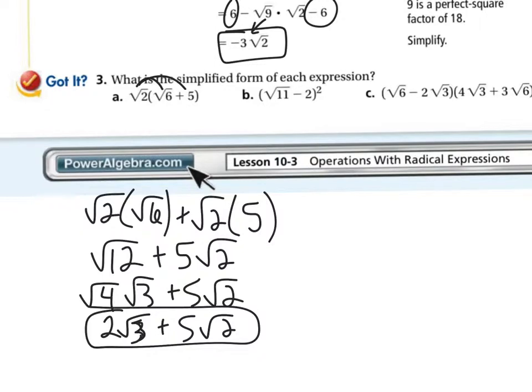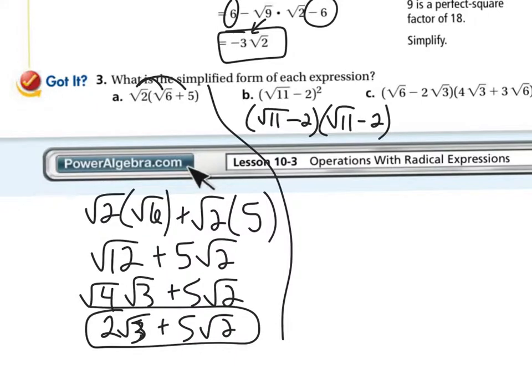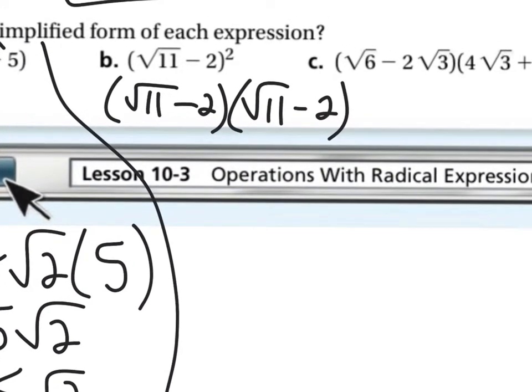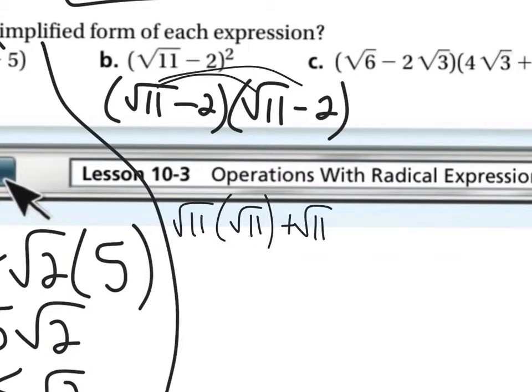Part B, it's being squared, and so what you may want to do is actually just rewrite this times itself. If you square something, it's multiplied by itself. And so we do square root of 11 times square root of 11 plus square root of 11 times -2, or minus square root of 11 times 2 if you want.